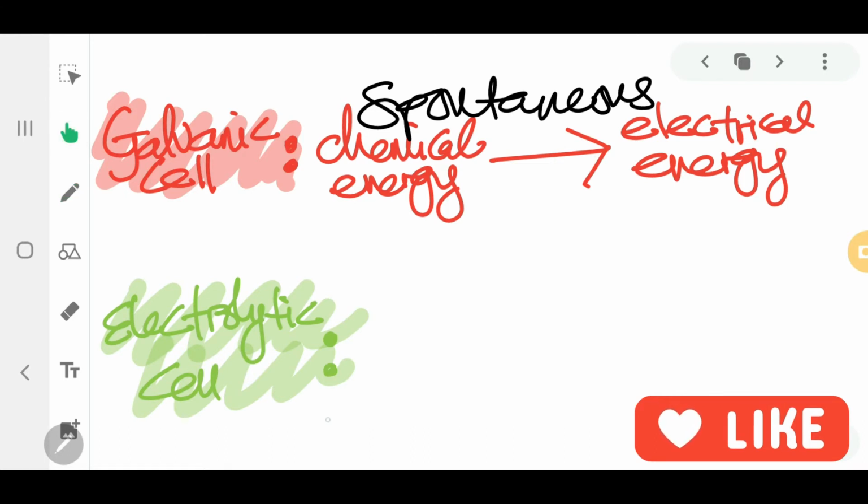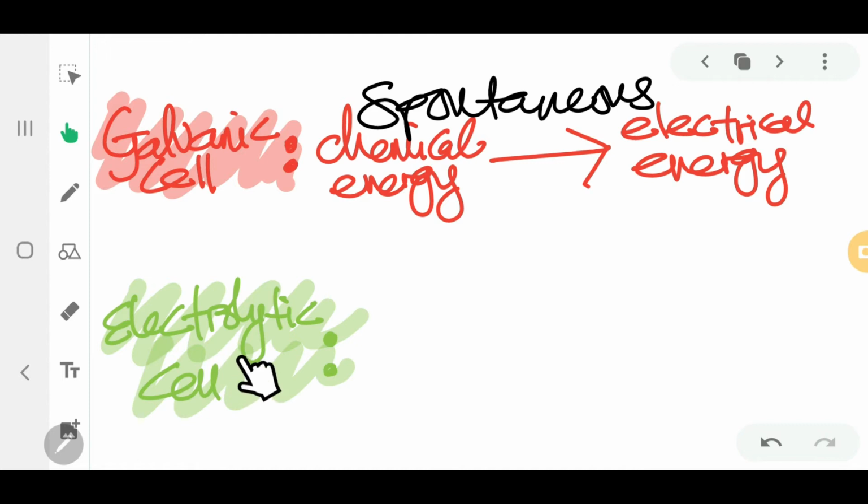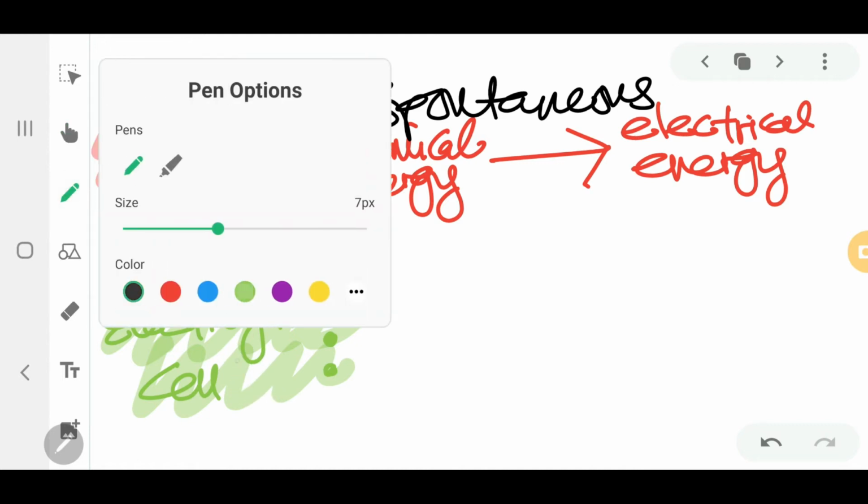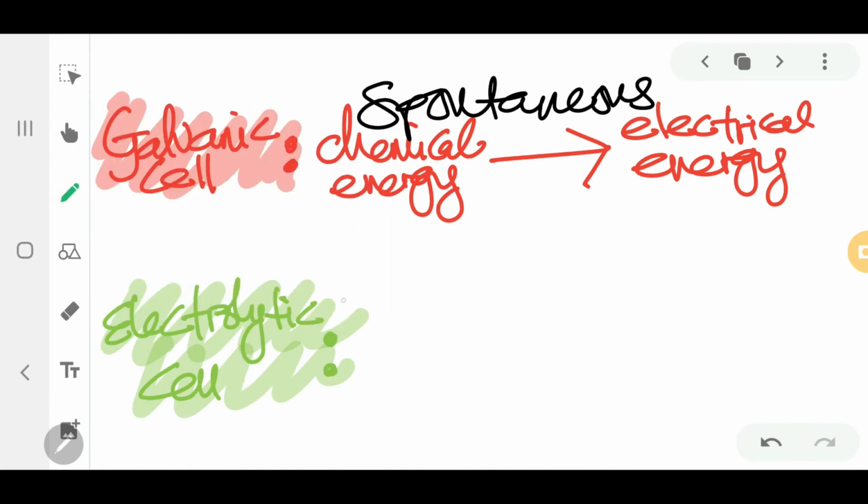But for an electrolytic cell, it uses a different kind of energy conversion. Instead of chemical energy being converted into electrical energy, it's the other way around.